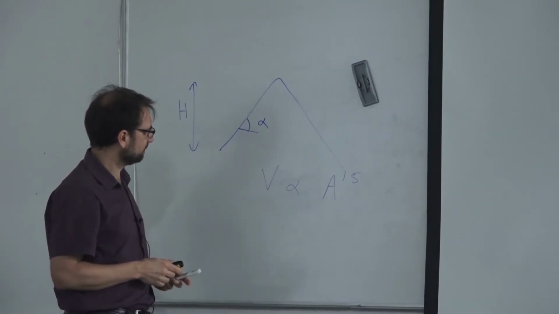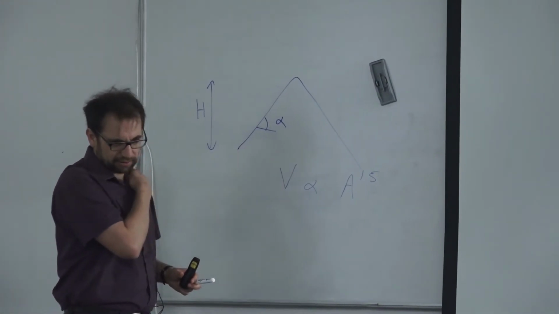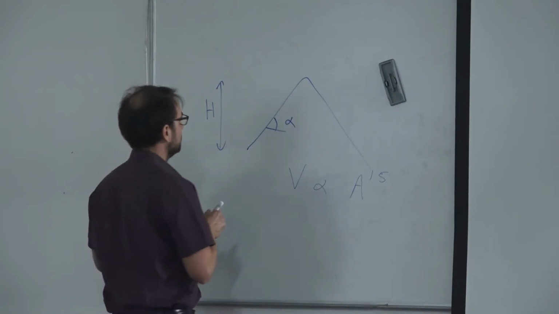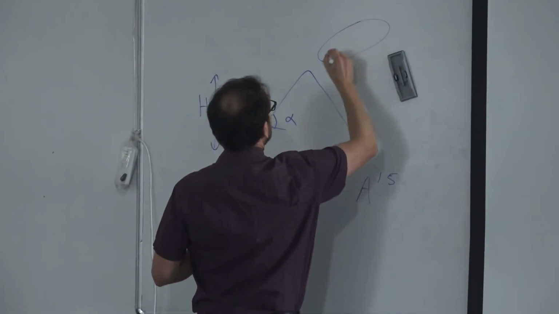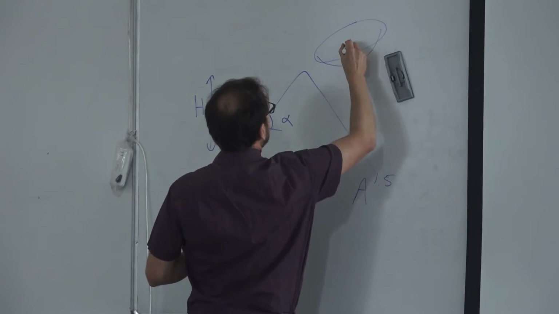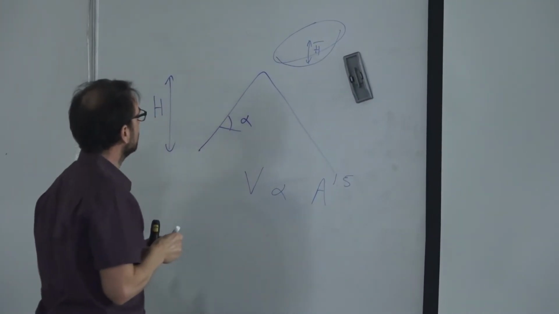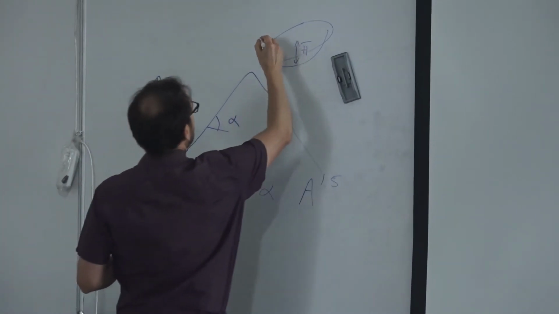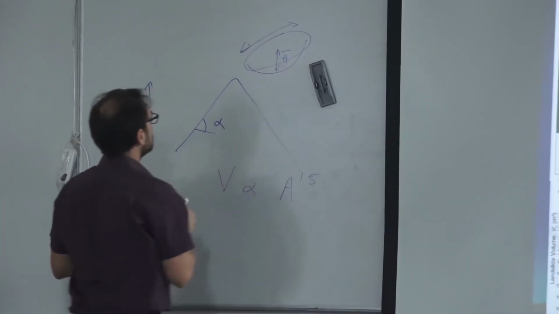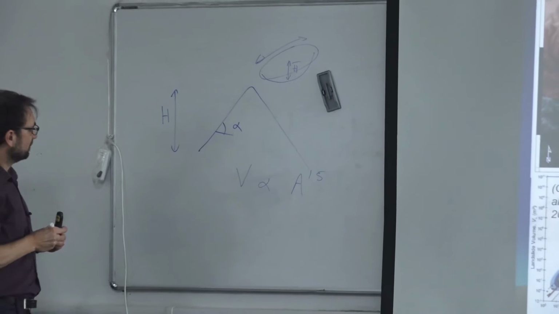It means that the mean thickness of your landslide is scaling more or less with the dimension of the radius of your landslide.